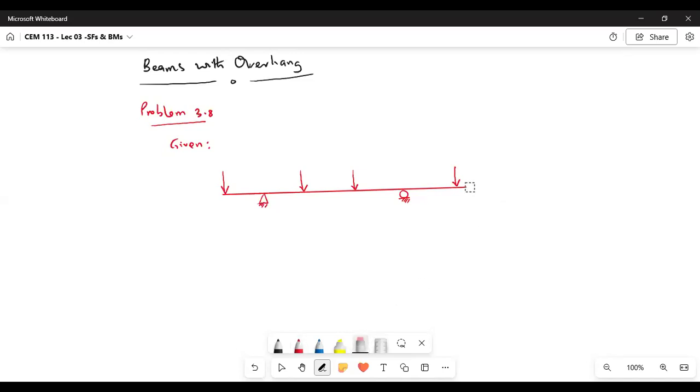This side is no more necessary. So we have 55 kilonewton. We have 110 kilonewton. 110 kilonewton. 55 kilonewton.